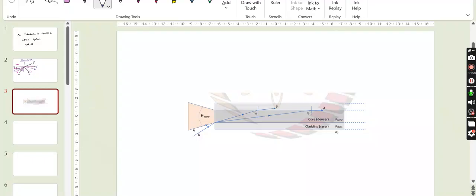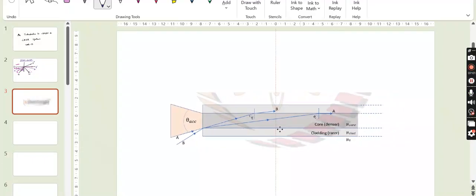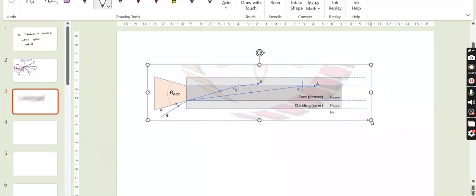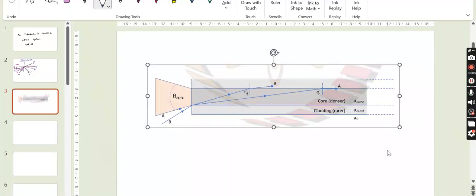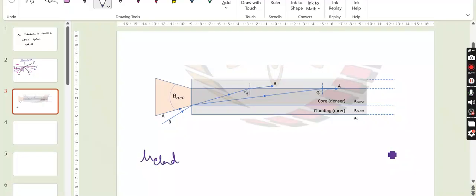This is the typical diagram of a fiber. It consists of an internal glass core and a cladding of a lower refractive index. Here the refractive index is denoted by mu, and the cladding surrounds the core.